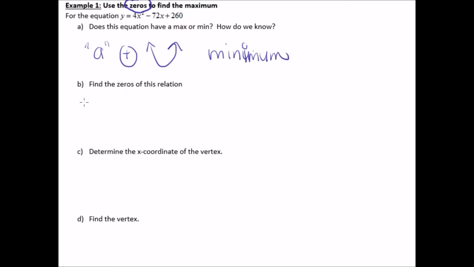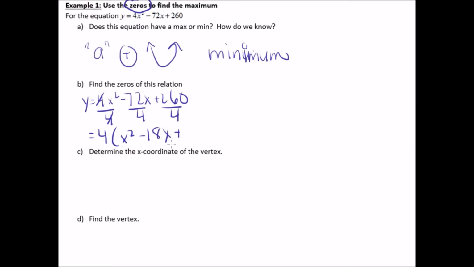Now, find the zeros. Let's go ahead and factor this equation. We can pull a 4 out of each one of these numbers. So 4 is going to be our common factor, and we're left with x squared minus 18x plus 65.